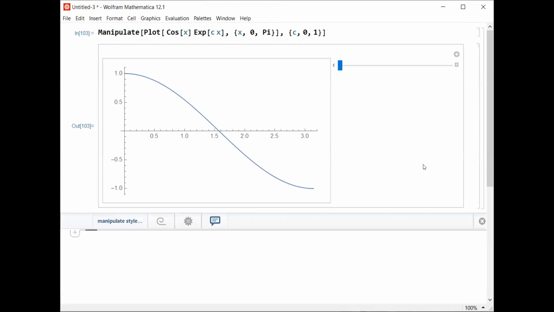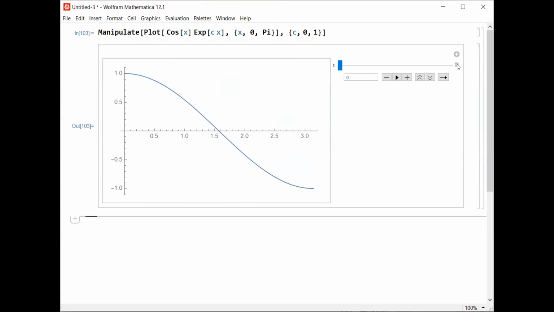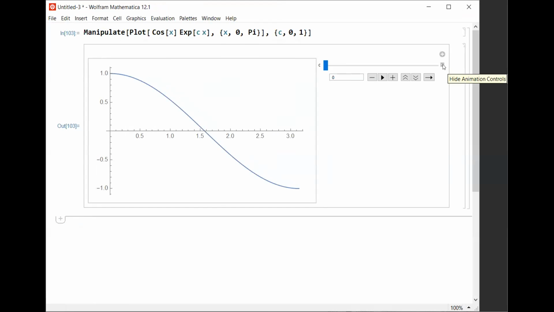Here's the plot when c equals 0. If I hit the plus sign over here and expand this out, you can see the value of c. And I see my function when c is equal to 0, just cosine of x, perfectly balanced between positives and negatives.